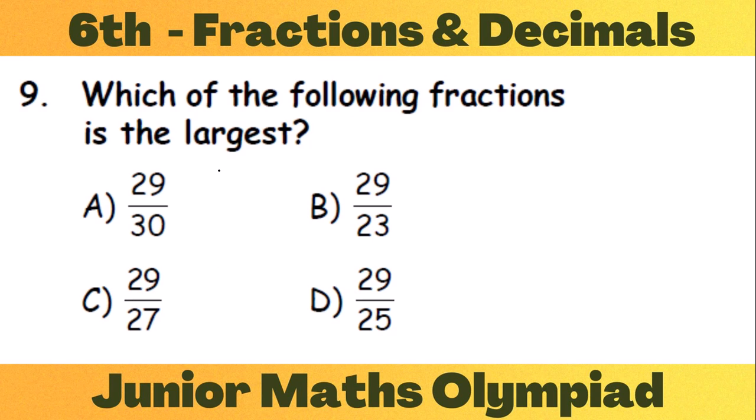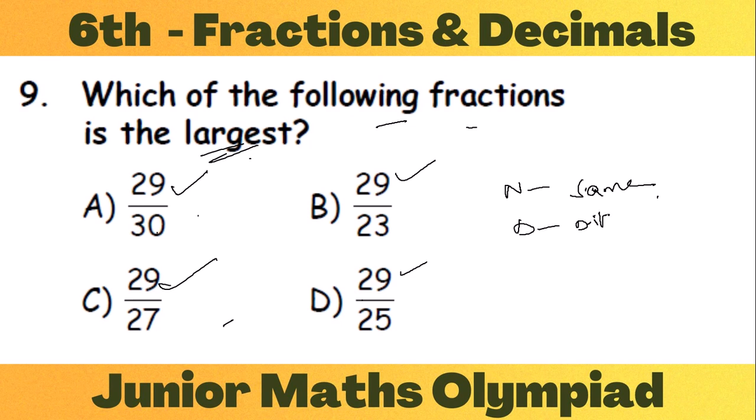Next children. Which of the following fractions is the largest? Out of 4 fractions, which one is largest? If you observe here children, in all the 4 fractions, numerators are same. But denominators are different.